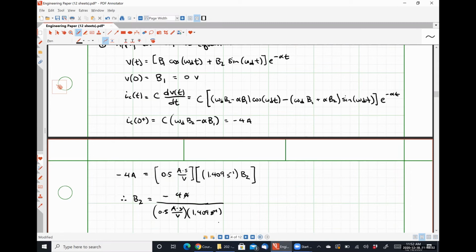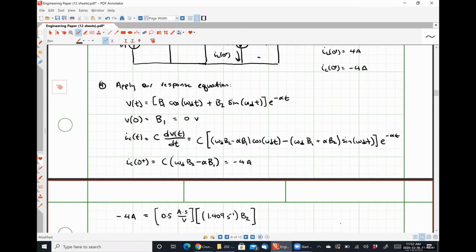This is an important thing. B2, if we look up here, is the coefficient of the capacitor voltage. So if we didn't get units of volts here, we're screwed. I'm just making sure you understand where the units lead us.